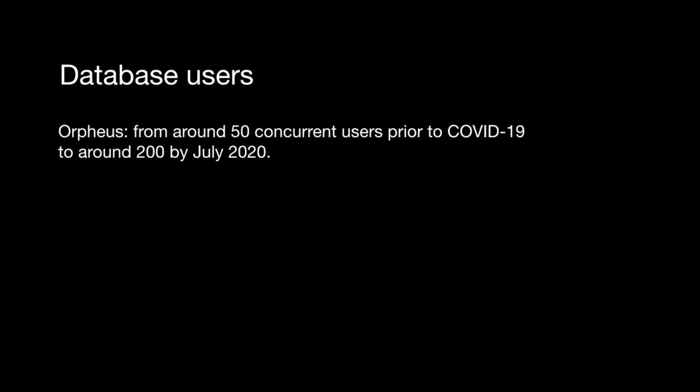We might go as high as 70 or 80 on a given day, but 50 was typical. Then it became 200 or more all day long, and things got really slow.